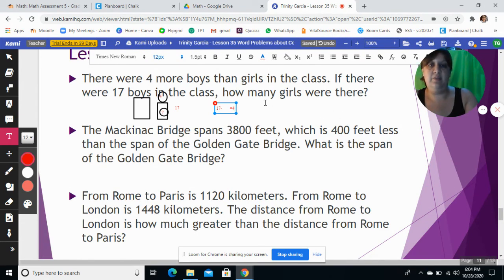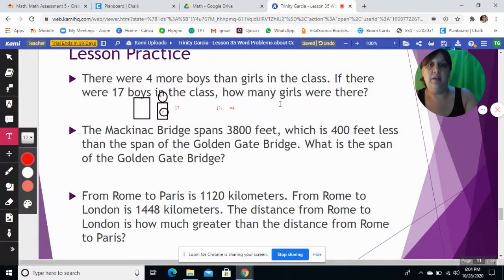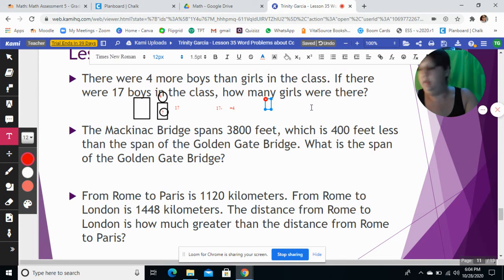And we said that the way to figure that out is to do what? We need to do 17 minus, let's just figure it out. It's easy. 17 minus, we can just see it, 13 equals 4.